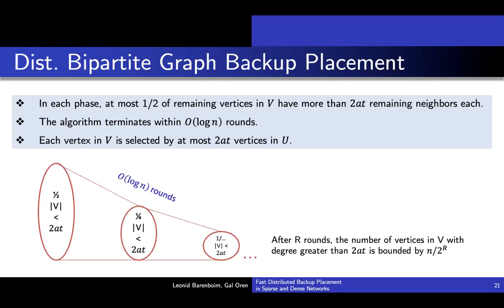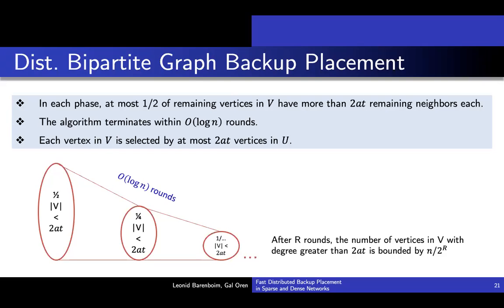We lose half of the vertices in each round because if it were not true, we would have more than 2AT neighbors to the residual vertices in U, meaning we were left with too many edges, which does not represent a true client-server model.